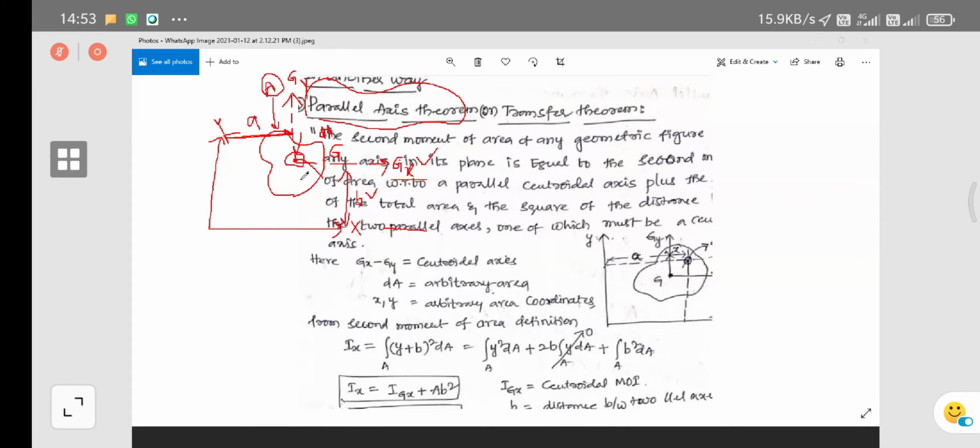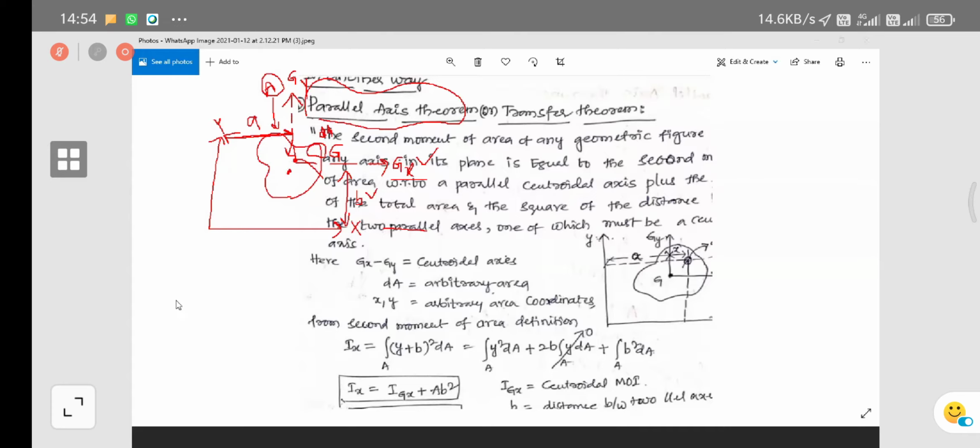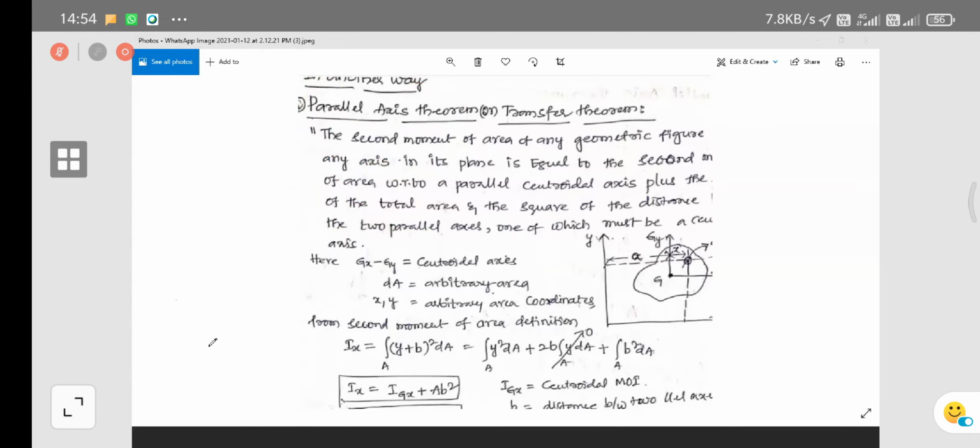Now suppose, one mistake has happened, I will draw neatly.